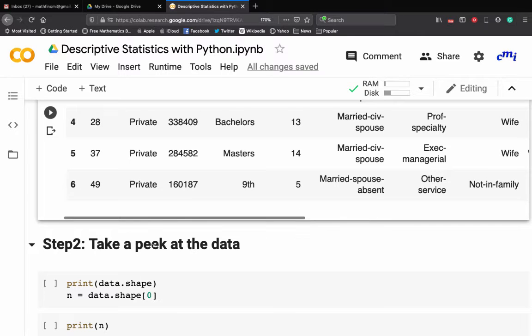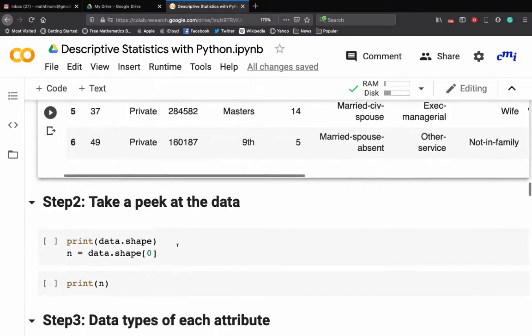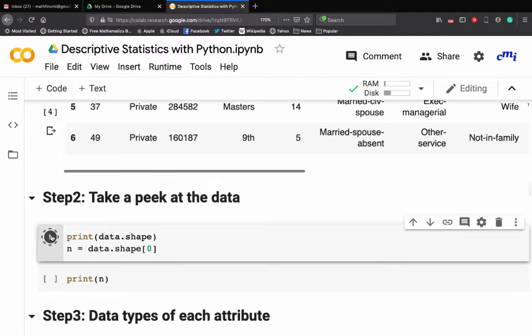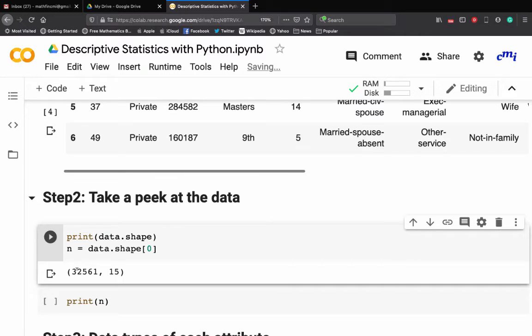Step 2, look at the size of the data. In this data, there are 32,561 samples, almost 32,500. So it's a moderately large dataset with 15 columns or 15 variables.